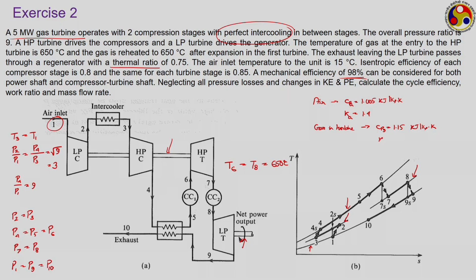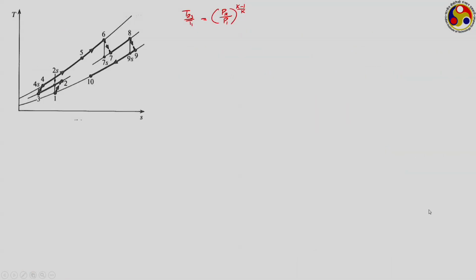K for the gas for the expansion process in both the stages of turbine is 1.333, and for gas in the heat exchanger the properties are similar to these values. So, gas has Cp of 1.15 and exponent of 1.333, whereas for air the Cp is 1.005 and K equal to 1.4.